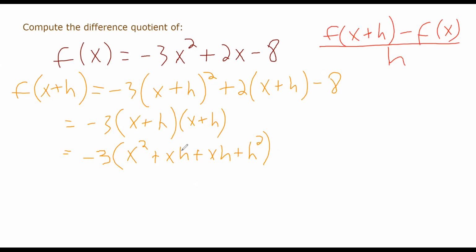And then we argued that these two things in the middle here are like terms. You have a single instance of xh plus another instance of xh. So you're going to end up with two of them. You're going to say that's 2xh here in the middle.